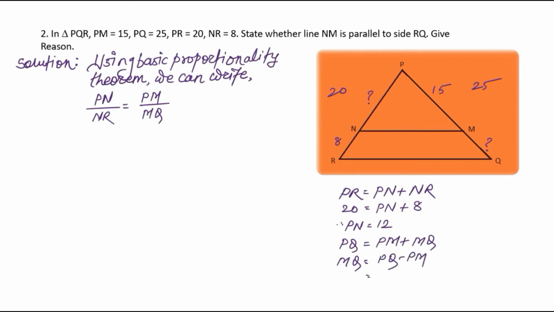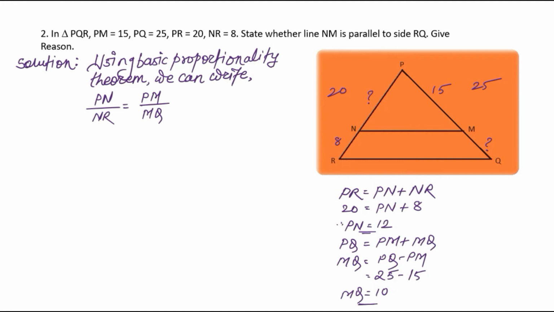So PQ is 25 minus PM. PM is 15. Very easy. It is 10. So finally MQ and PN we find.